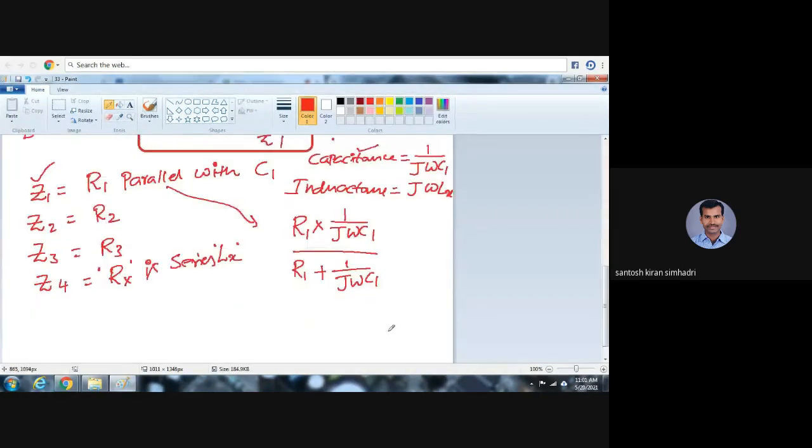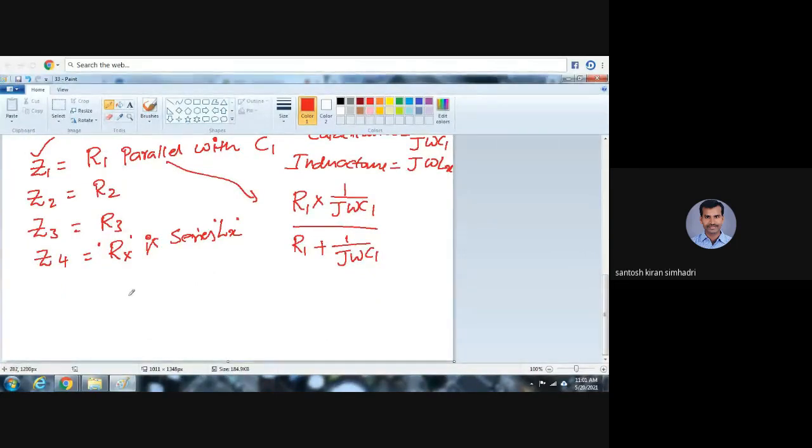Just I will extend this mathematical part, it is very simple. R1 by j omega C1 divided by, you just have to do the LCM here. R1 into j omega C1 plus 1 by j omega C1.